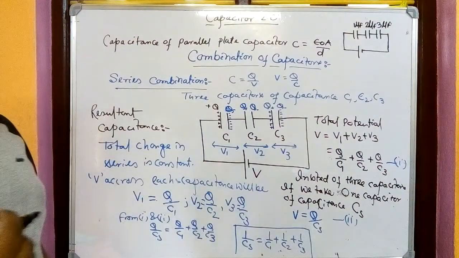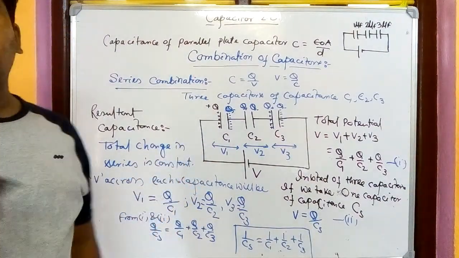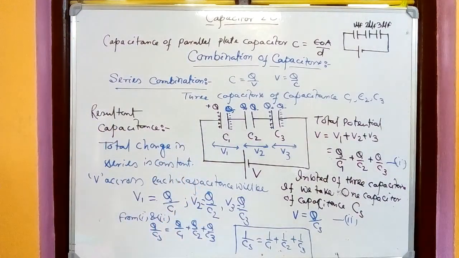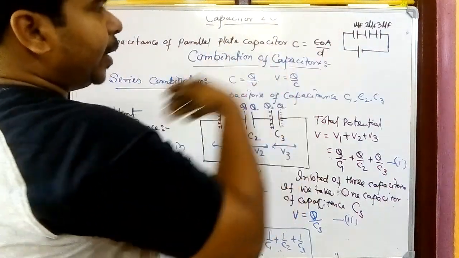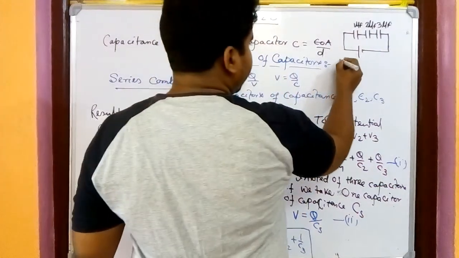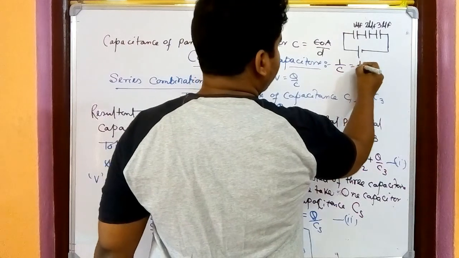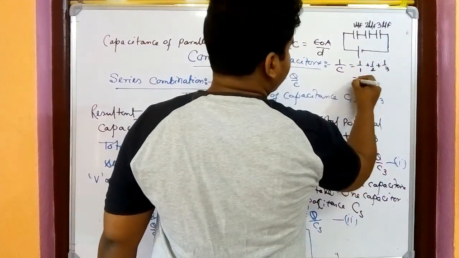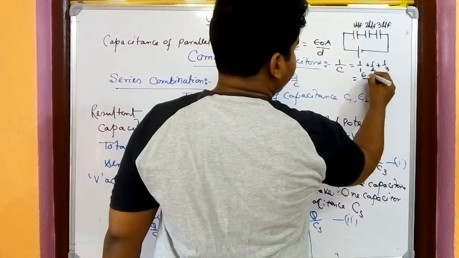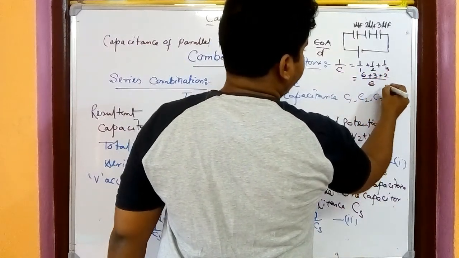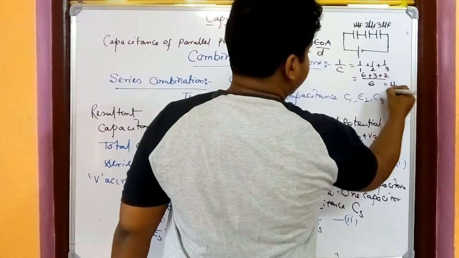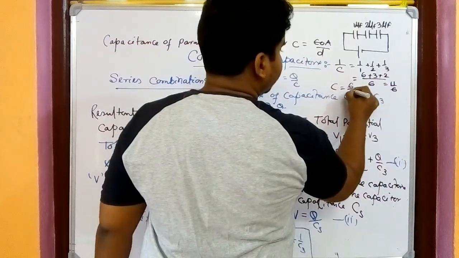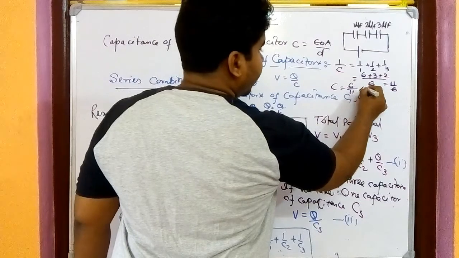We know the unit of capacitance is farad, but farad is a very large unit. Generally we use the unit microfarad, mu F. So if they are connected in series, then the resultant will be 1 by C equals 1 by 1 plus 1 by 2 plus 1 by 3. So 6 plus 3 plus 2, 11 by 6, and C equals 6 by 11 microfarad.